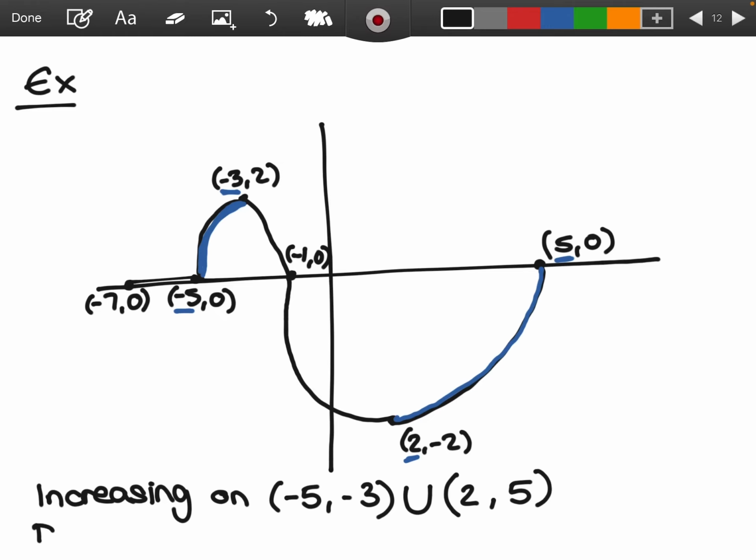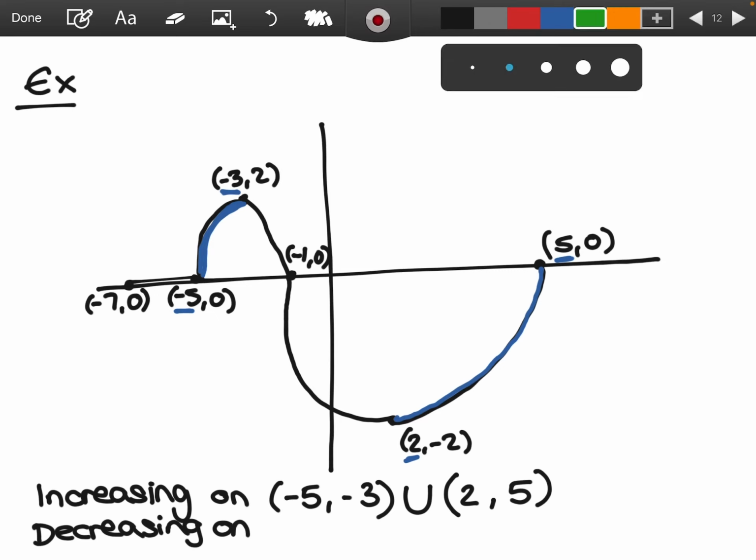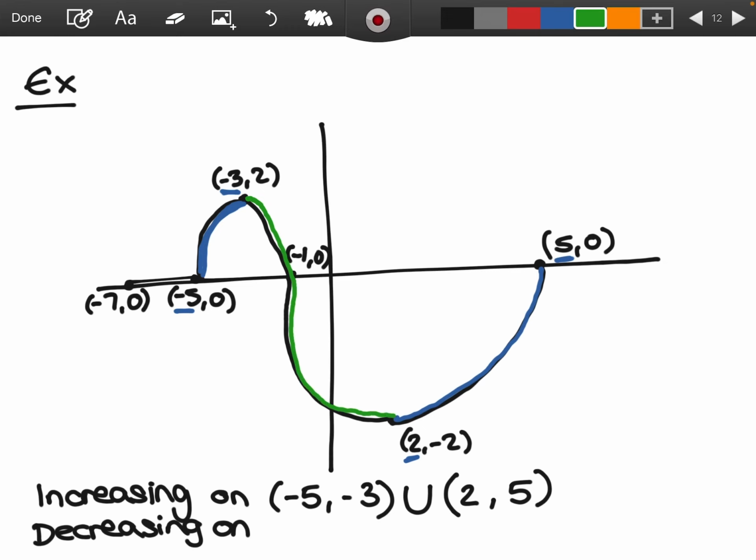Now let's look at decreasing. Where am I decreasing in this function? So I'm going to do this in green. I'm decreasing between x is -3 all the way down through there, up to x is equal to 2.